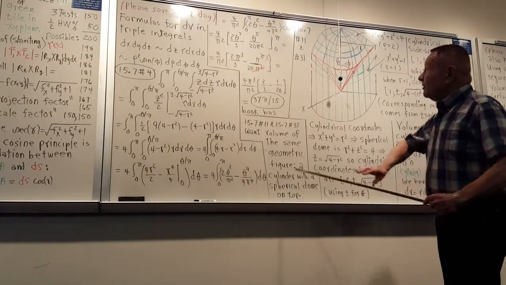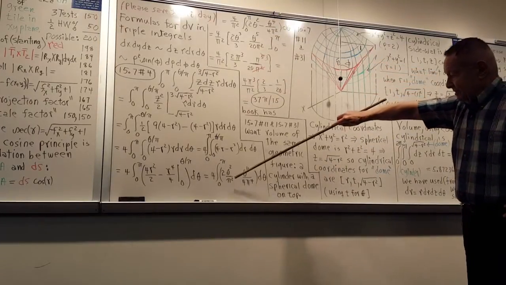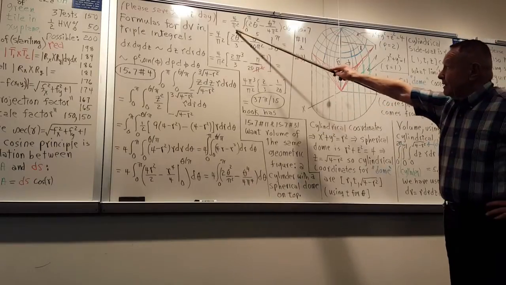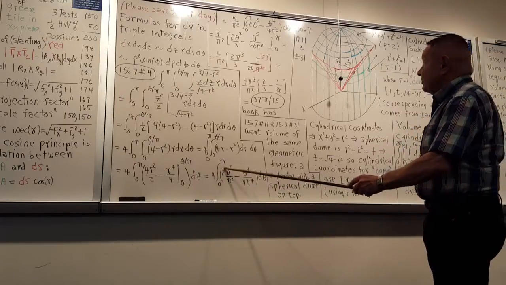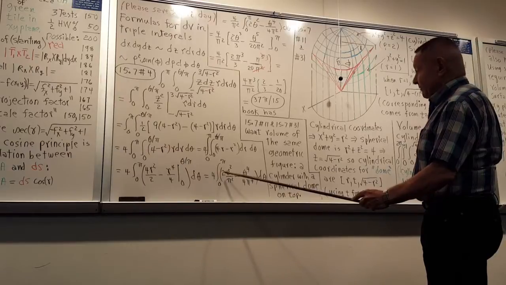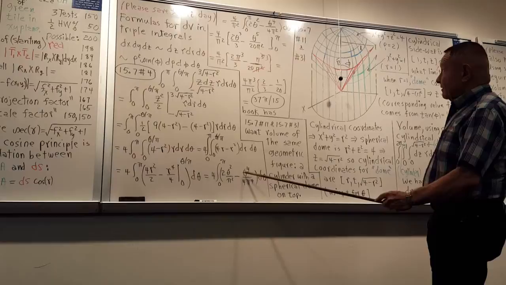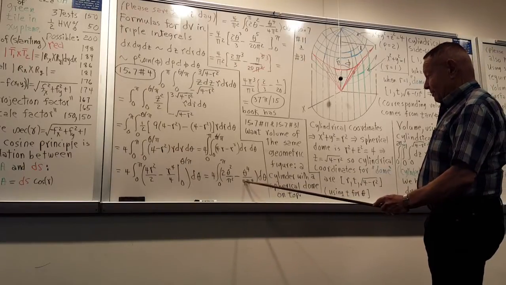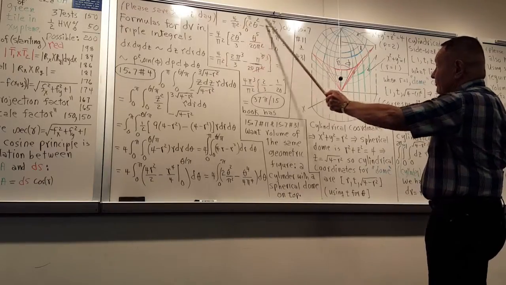Notice that pi squared is a common factor in the denominator, so I took it out, and it left the 0 to pi, and then I have the 2 theta squared from that term, and the theta fourth, and the 4 pi squared, because I took a pi squared out in front.